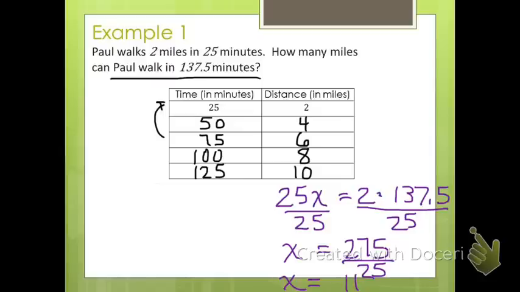If I add another 25, I get 150 minutes and 12 miles. So 137.5 is somewhere in between these two, and 11 is in between those two.